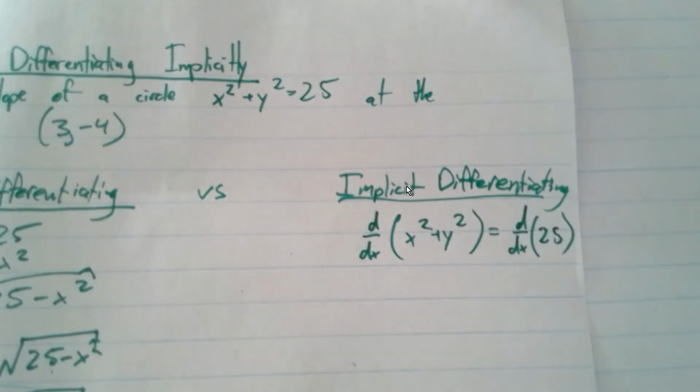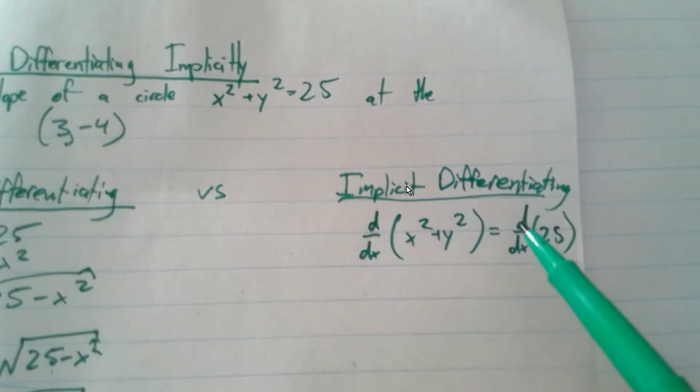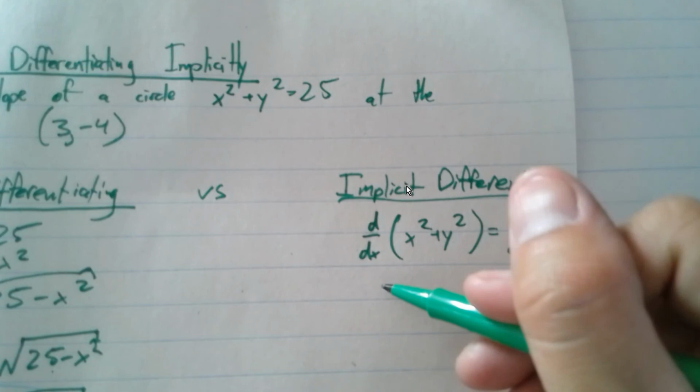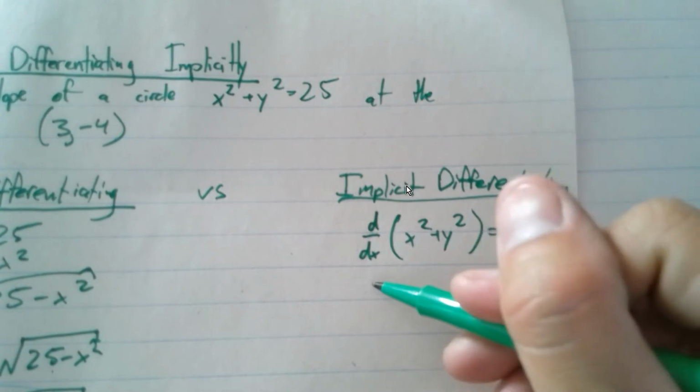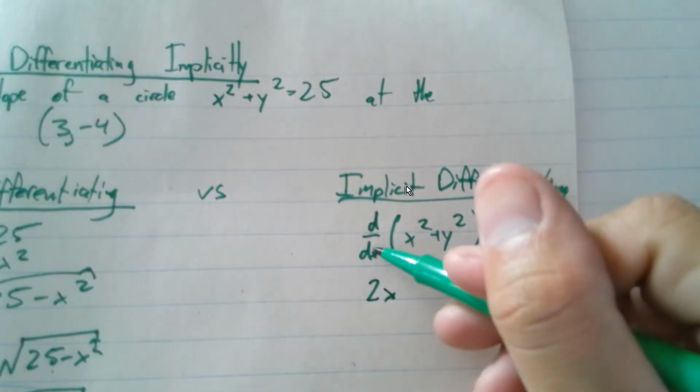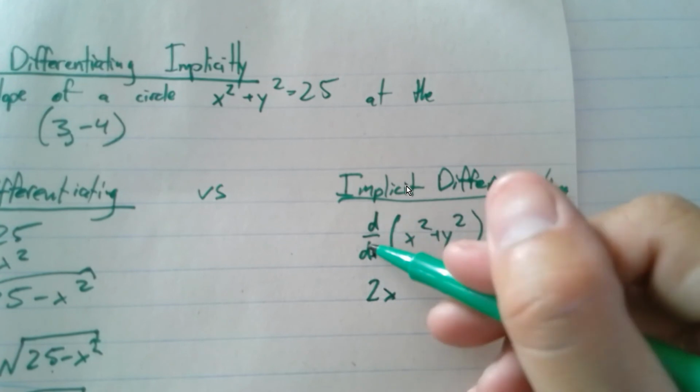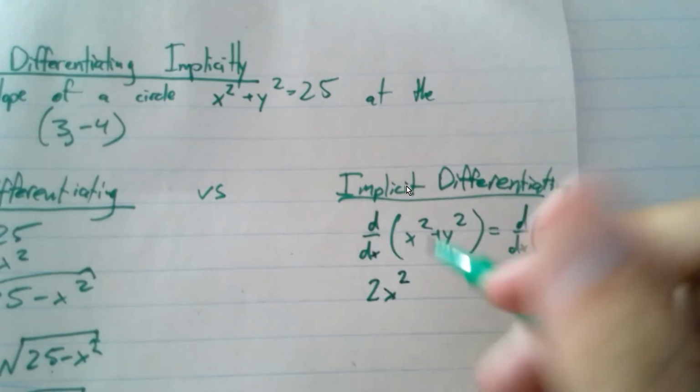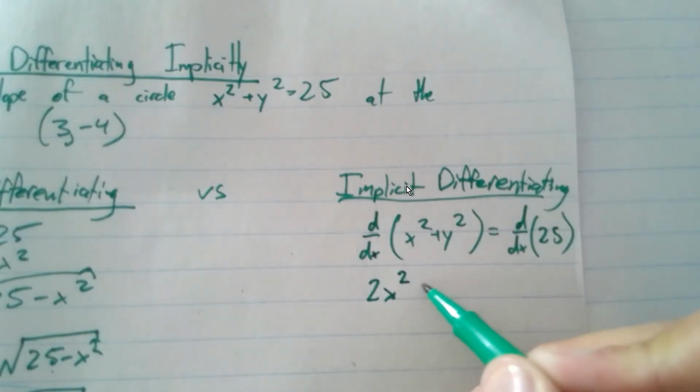It's like basic algebra, but now you're taking the derivative as an operation. This would be 2x, but everything's in terms of x with respect to x, so there's no such thing as 2x times dx over dx.